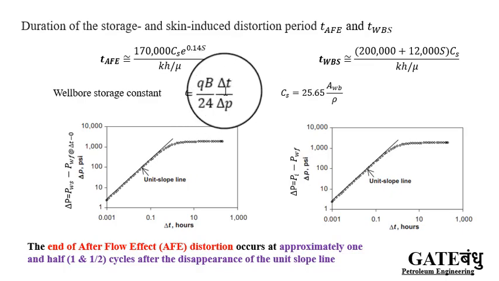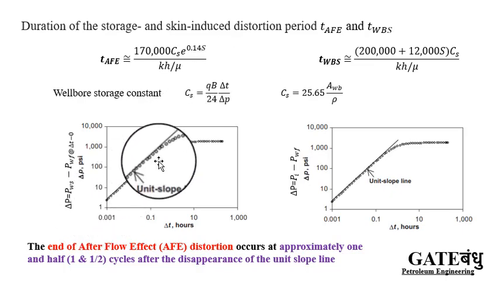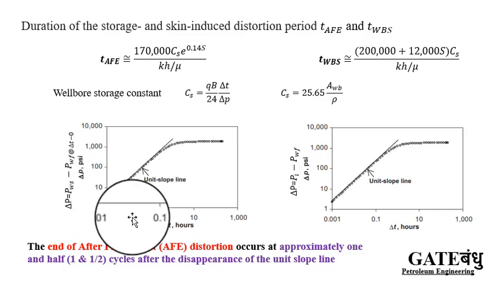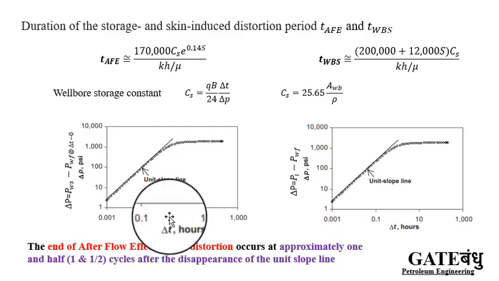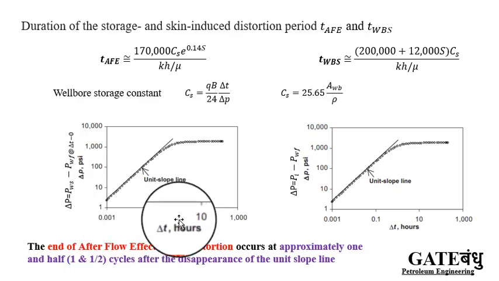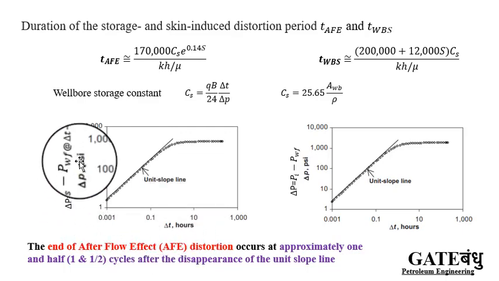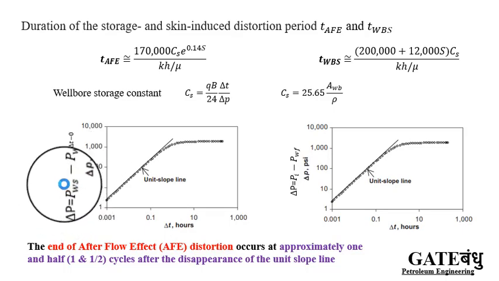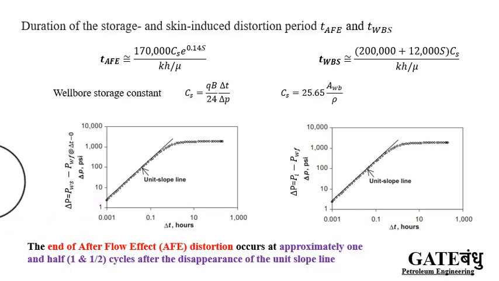And this delta T by delta P is any point on this log plot, that is between delta P versus delta T. Delta T is a certain time and delta P is the differential build-up pressure, that is PWS minus PWF.